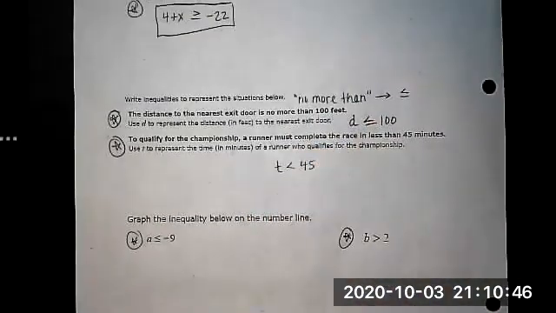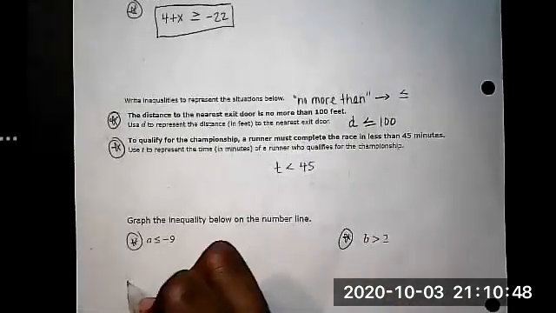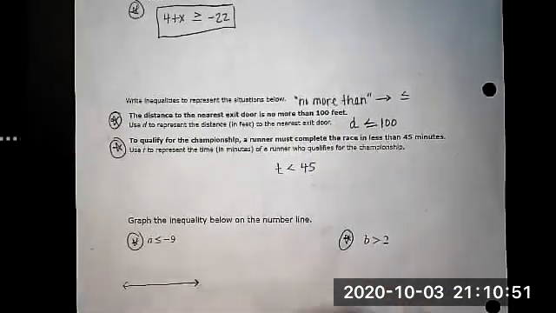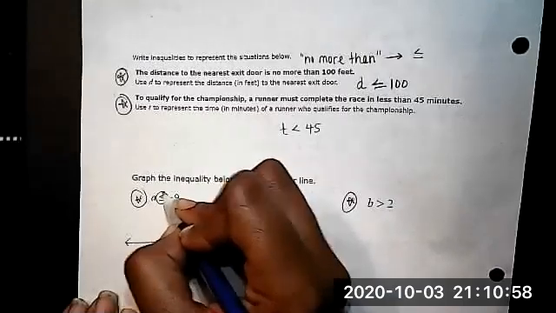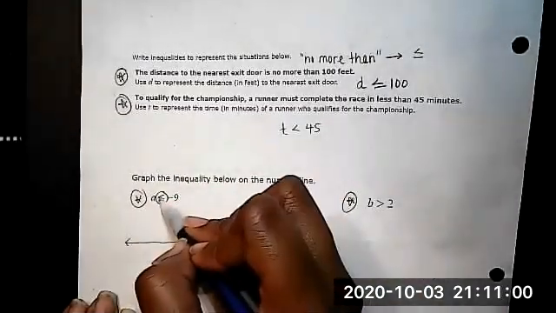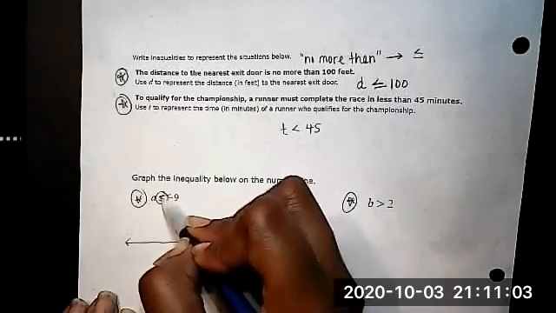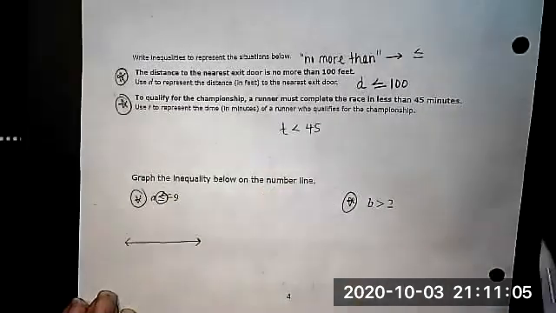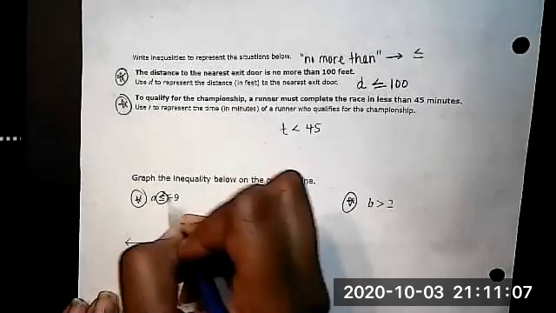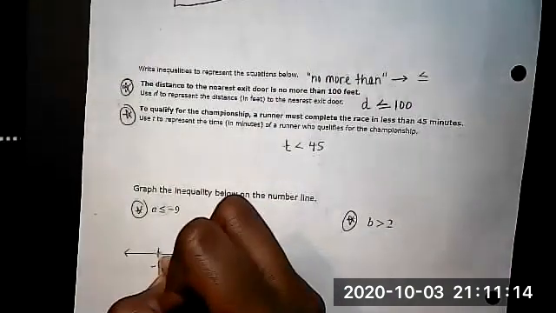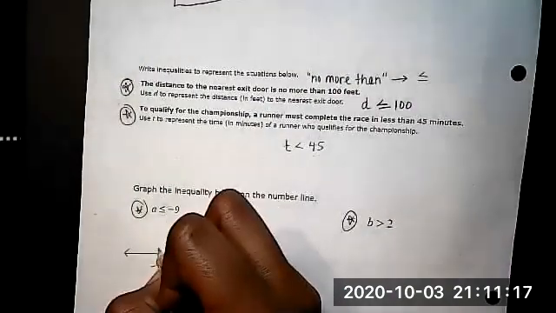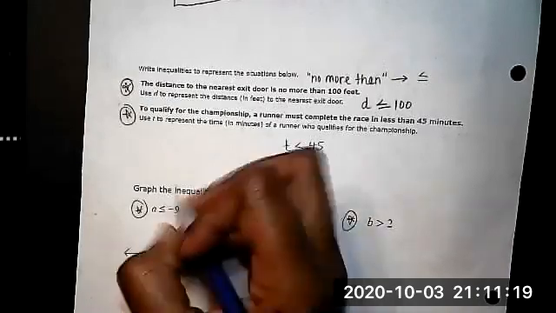If it wants you to graph the inequality on Alex, please make sure you're paying attention to the instructions on that. Usually what I would say for these, if the arrow is going to face the way that the inequality is, if the letter is on the correct side, okay? You see how this letter is here? It's going to look like an arrow at -9. And if you see here, it's going to be closed because it has a line under it.